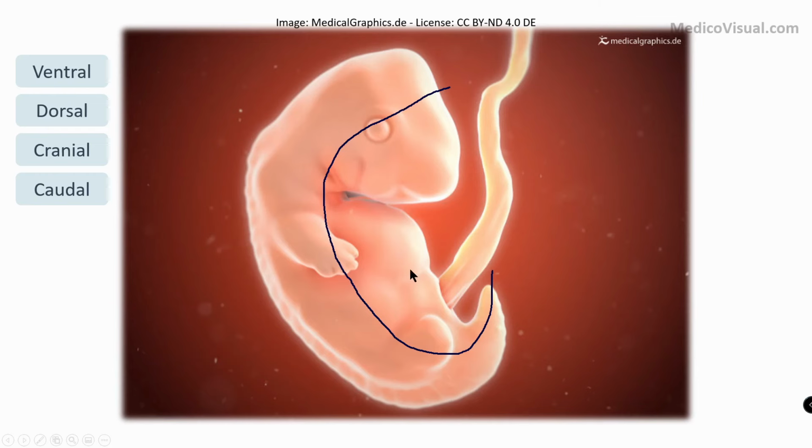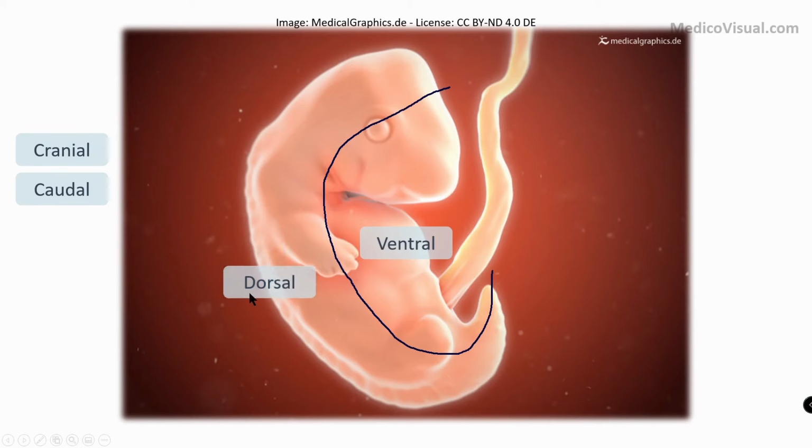So anything that lies towards the belly on the anterior side is called ventral, right? Vent means belly, and anything that lies behind this plane is called dorsal. Dorsum means back. Similarly, we can divide it into two equal parts, upper and lower parts, right?